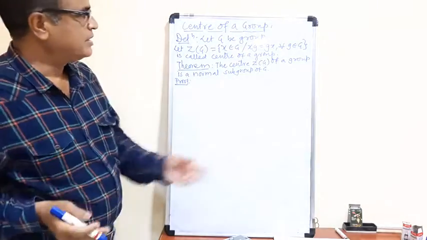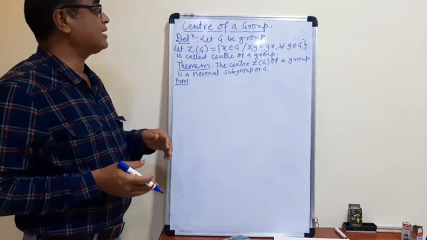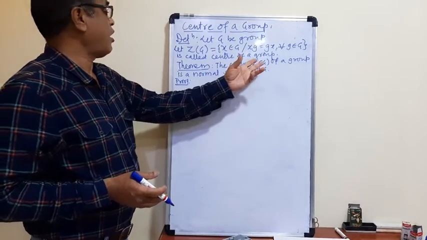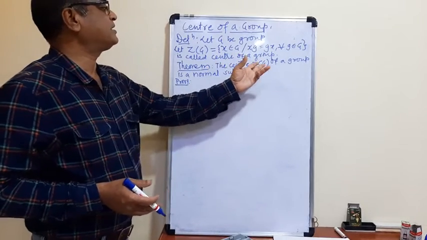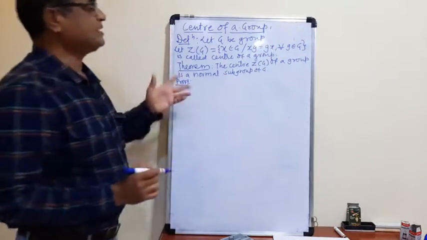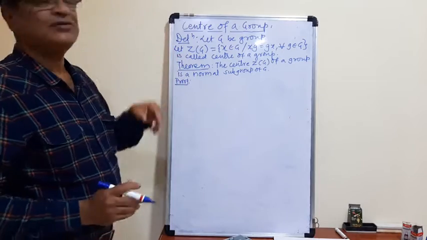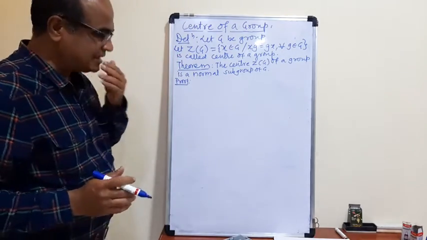G is a group, and Z(G) is also a set. So we prove that the center Z(G) of a group G is a normal subgroup.